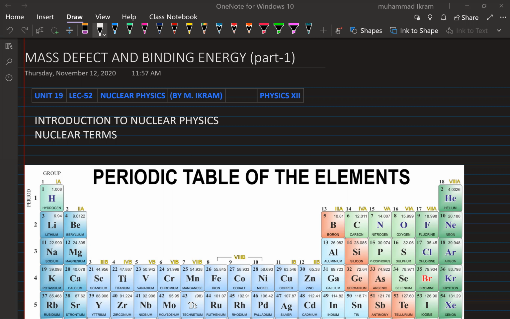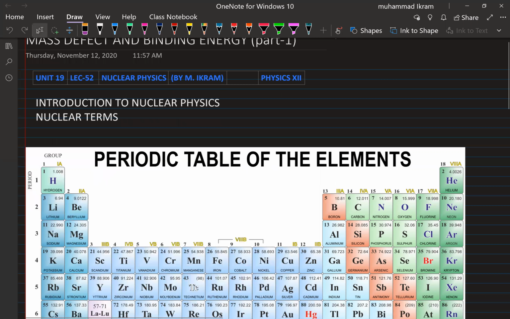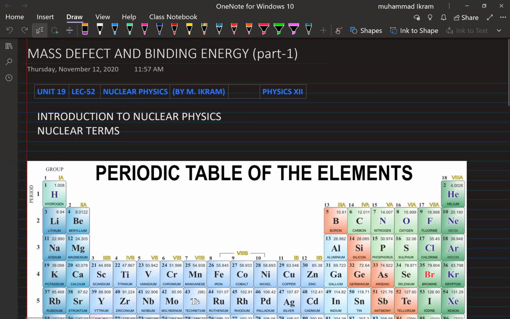In part 1 I will emphasize more on the introductory part and less on the binding energy part, right? So maybe, inshallah, you'll be able to touch the mass defect at the end of this. So let us start with our topic.